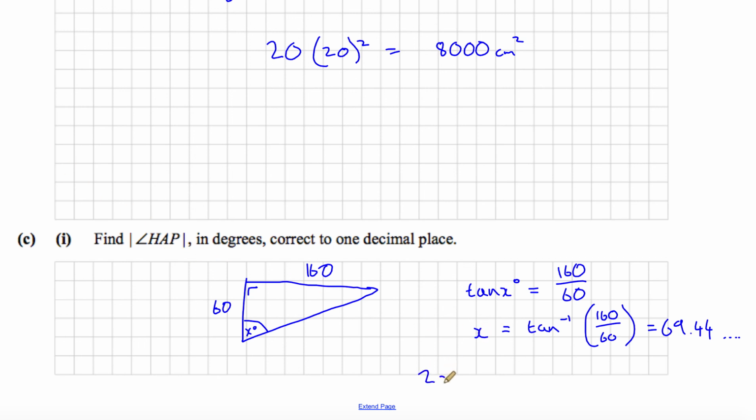So 2X will be 138.88, and on it goes. But I only want it correct to one decimal place, so I'm going to look at the second digit after the decimal. So it's going to be 138.9 degrees. That's my angle HAP, 138.9 degrees.